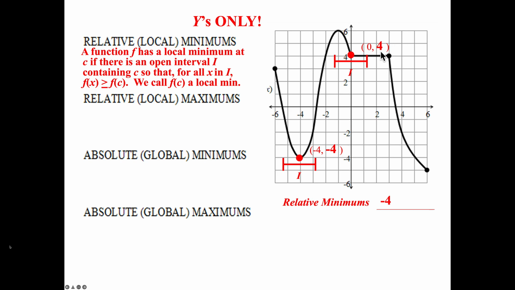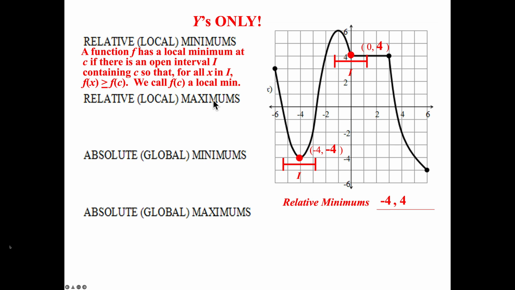So +4 is also a relative min. Sound good? I'm looking at the rest of my graph. We're constant, changing to decreasing. Well, okay, there's the first part, decreasing, but wait a minute, no turning point. That's an end point. All right, so no more relative or local mins.